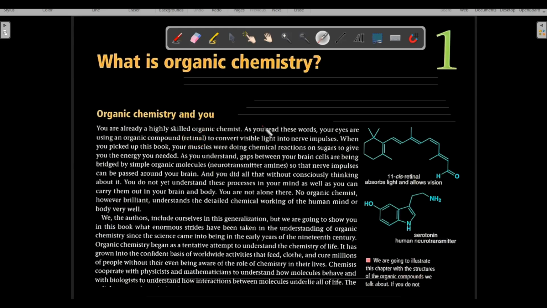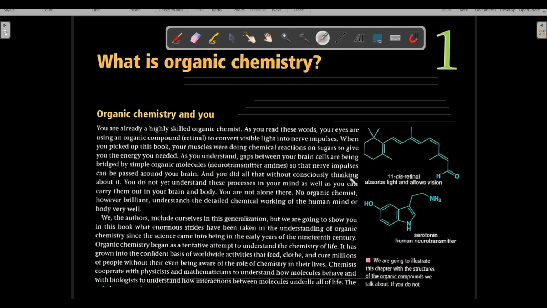Whatever you see around you, your eyes are using an organic compound called retinal to convert visible light into nerve impulses. Visible light is being emitted from your laptop screen or mobile screen, and you are able to watch the lecture and see the slides involved in this lecture.